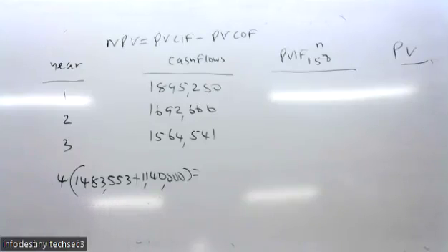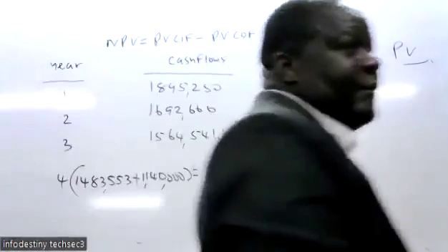This 1 minus 0.3, just multiply by 0.7 to have it taxed.